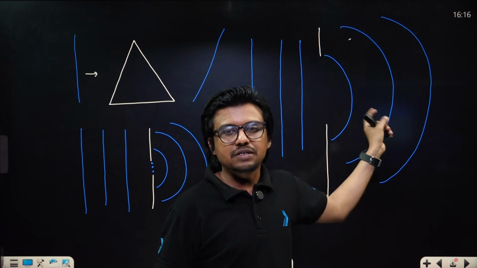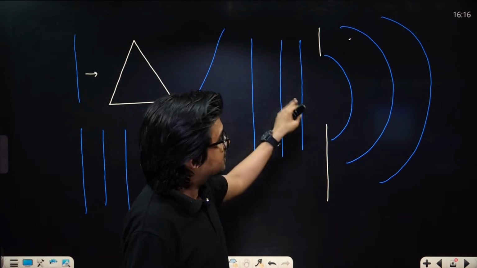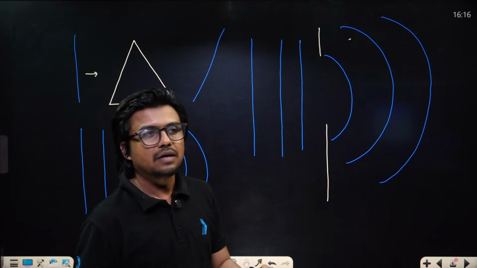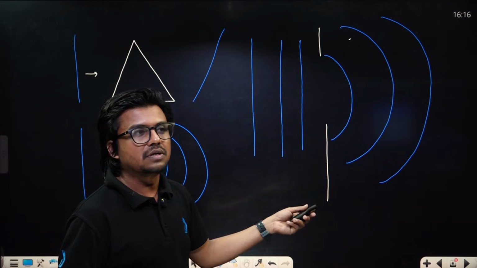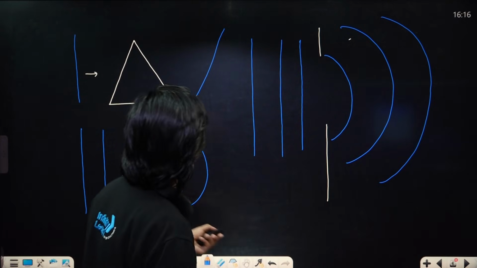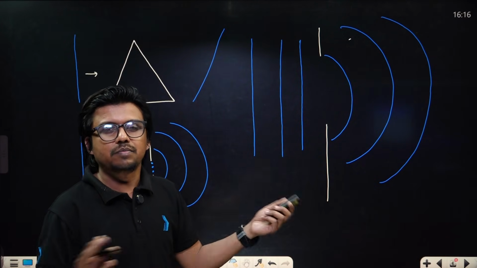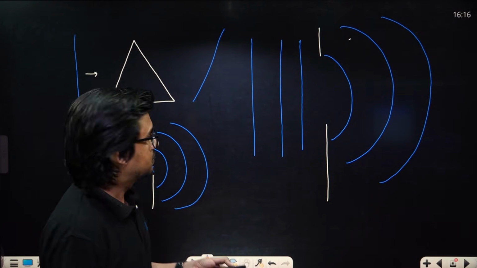So this radius of curvature will keep on increasing. If radius of curvature is increasing, the curvature is actually decreasing. The less the radius, the more the curvature. If you have a sphere of infinite radius, that is almost a plane and there is no curvature.